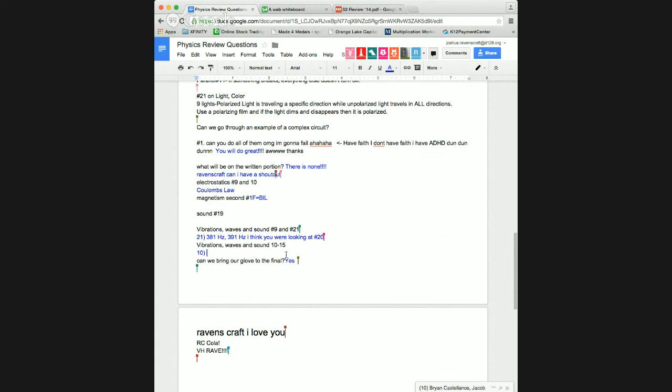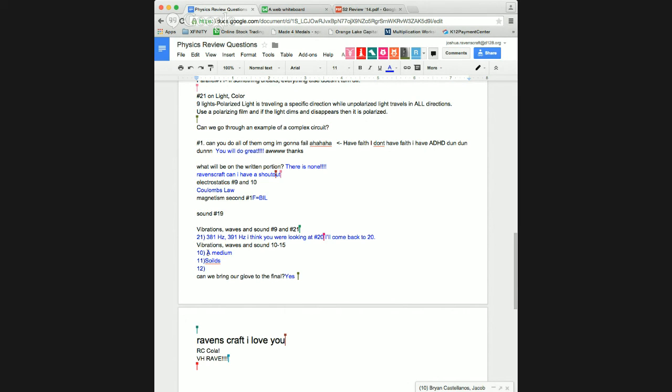Okay, I'll get back to number 10. In order for sound to travel, you have to go through a medium. Number 11, through what type of material does sound travel fastest? Solids.